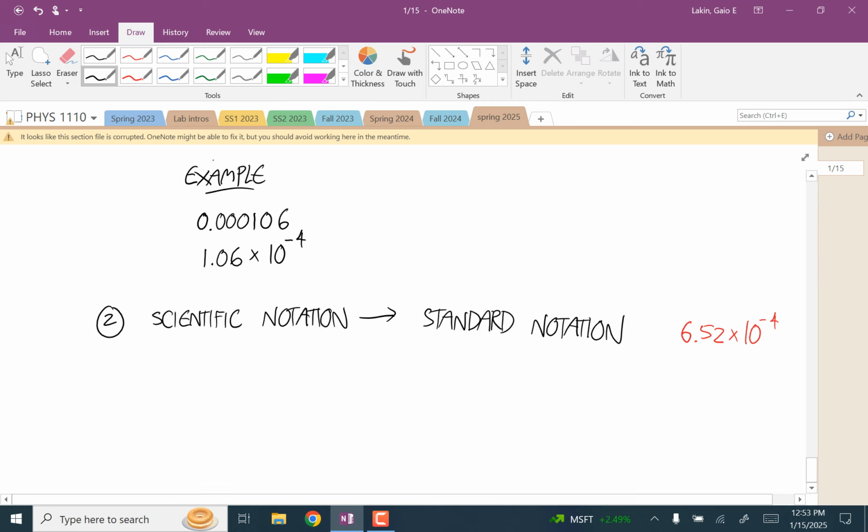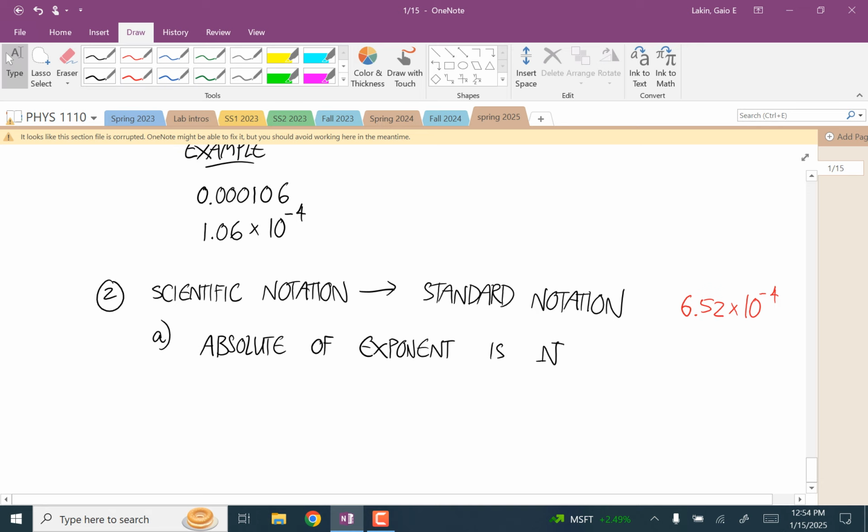So the first step is the absolute value of the exponent is what I'm going to call capital N. So in this example, my N is 4. And that's just telling me how many places I'm going to move the decimal point.